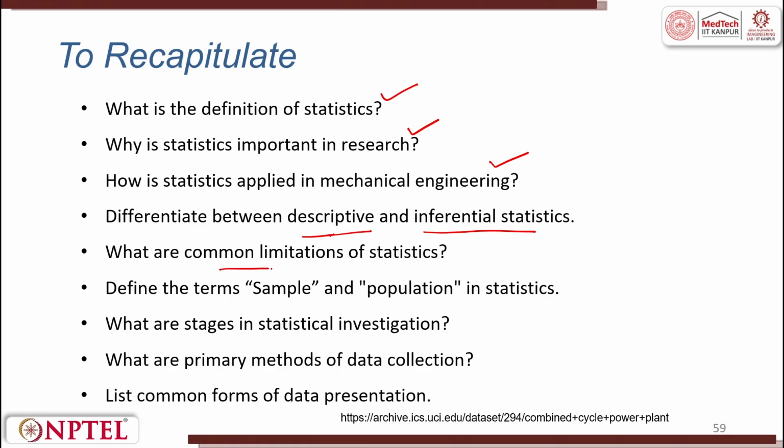Then common limitations of statistics, difference between sample and population in statistics, what are the stages in statistical investigation, primary and secondary methods of data collection, and a list of the common forms of data presentation. With this, I am closing this lecture. I will meet you in the next lecture where I will talk about basics of inferential statistics. Thank you.